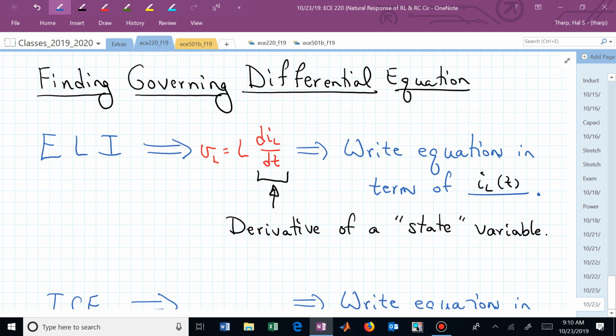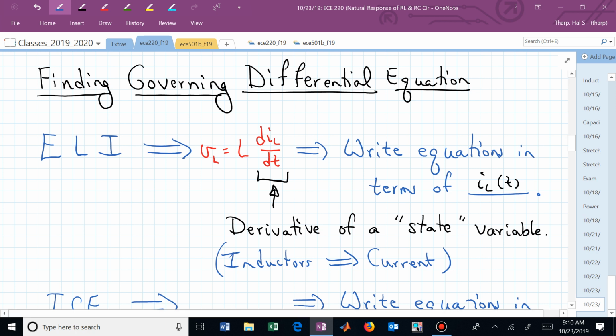So when you see an inductor, you say, oh, I have an inductor present, then you may want to be focusing on the current associated with that inductor. That's the state variable, so you might want to start writing your differential equations in terms of inductor currents. You hear inductor, think inductor current.